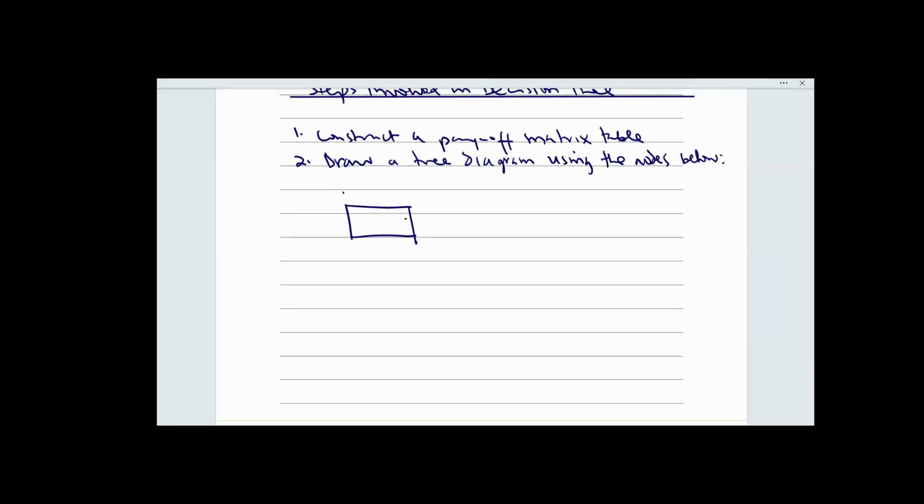The directional arrows that follow your decision node will depend on the alternative courses of action available. If you want to make a choice between 2 different alternatives, then you are going to have 2 directional arrows like this. But if you have only one, then you are going to have only one line in between. If it's only one course of action, maybe you have a project, so it will be only one line in the middle. That's all. So this is called the decision node.